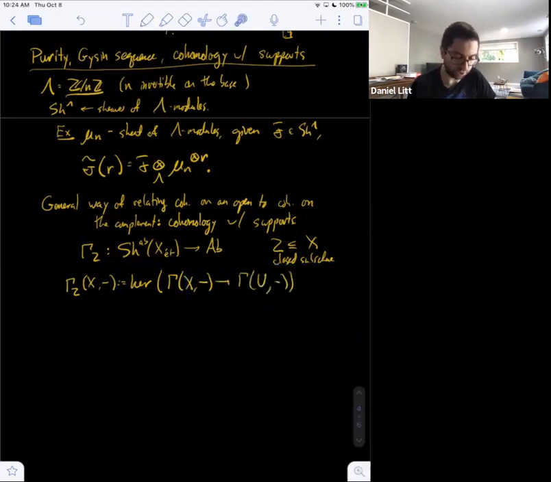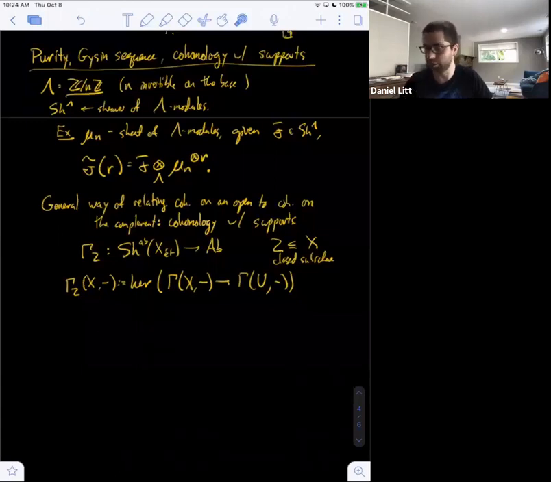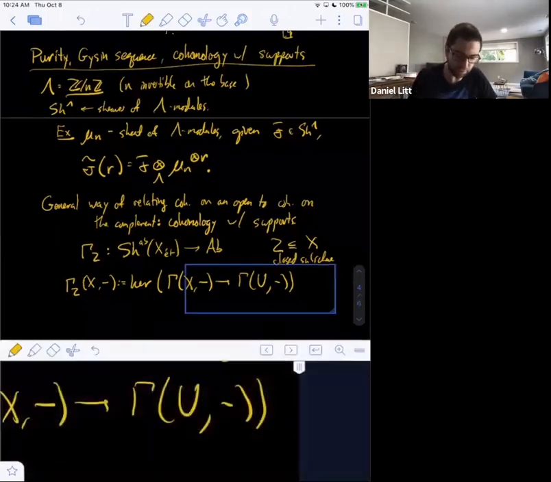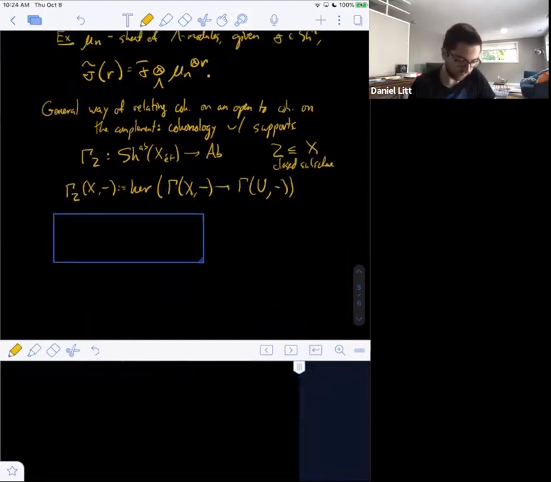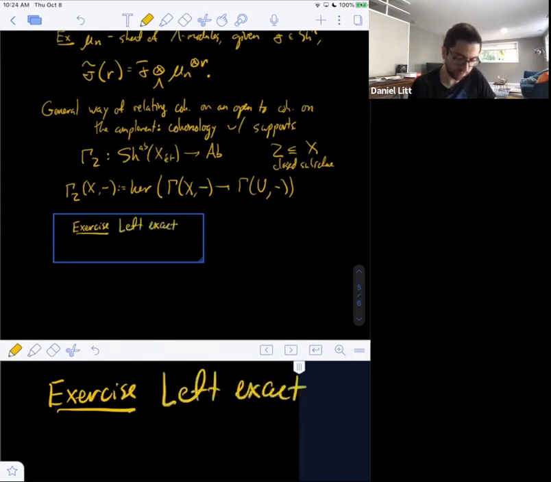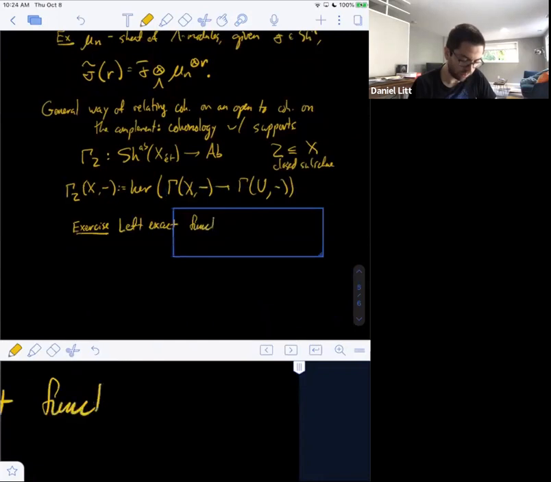So when we evaluate this functor on a sheaf F, what do we get? We get those global sections on X which vanish when you restrict them to U. That's why this is called global sections supported on Z. The exercise is that this is a left exact functor, and that's true for the exact same reason that global sections are left exact.